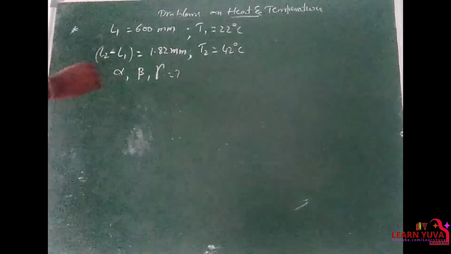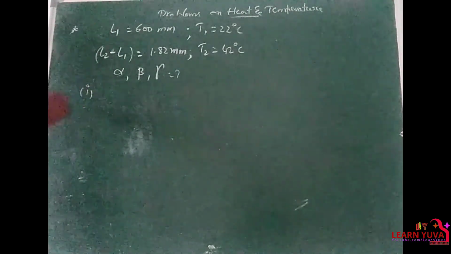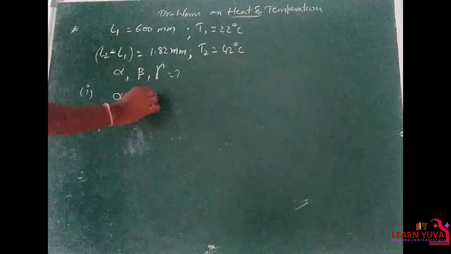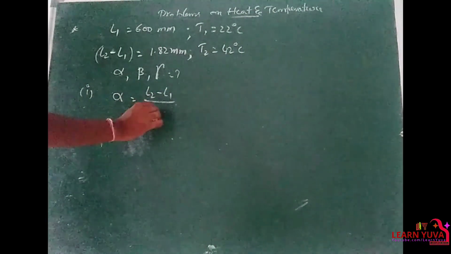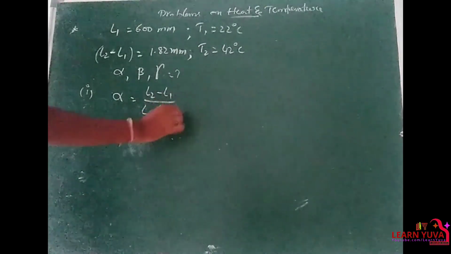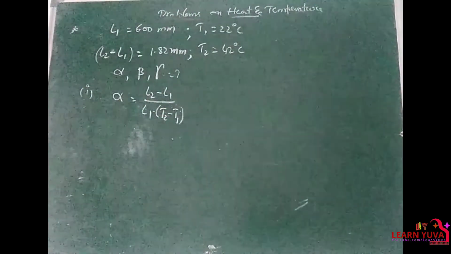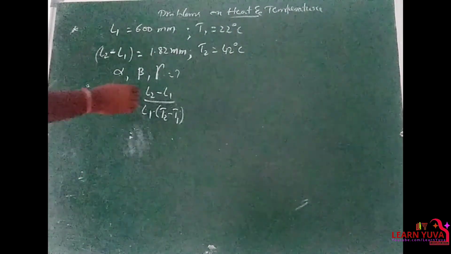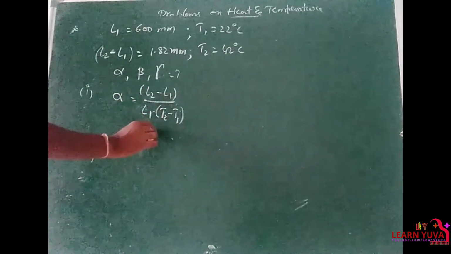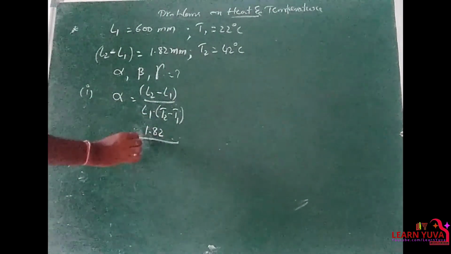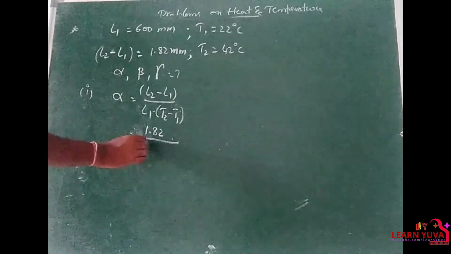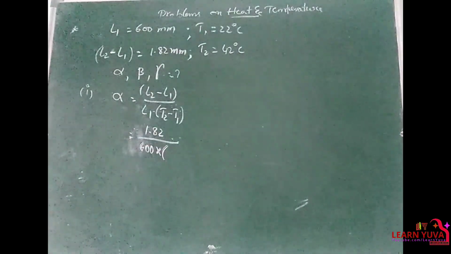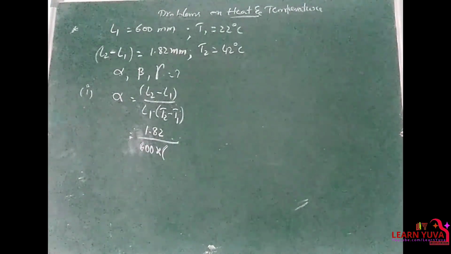So first of all, we have to find out alpha. First one is alpha. So alpha is equal to the formula L2 minus L1 by L1 into T2 minus T1. Here we do know L2 minus L1, which is 1.82, by L1, 600, into T2 minus T1, that is 42 minus 22.